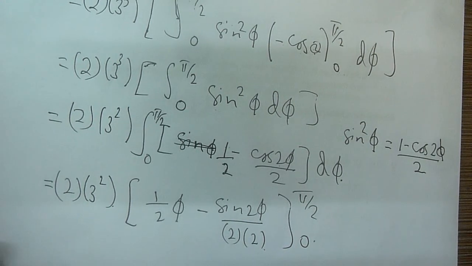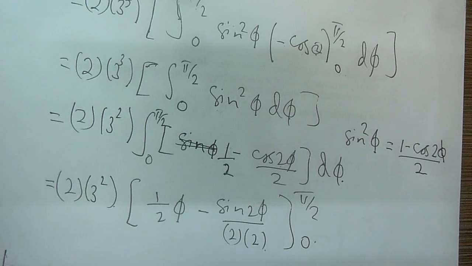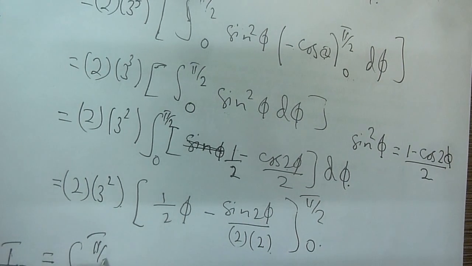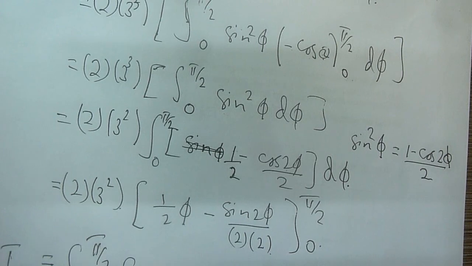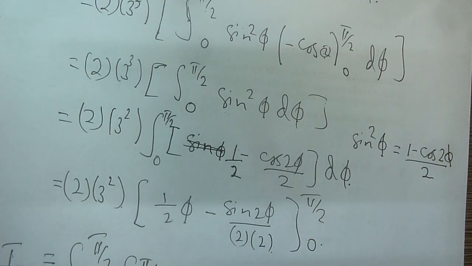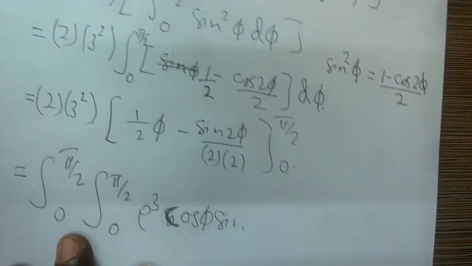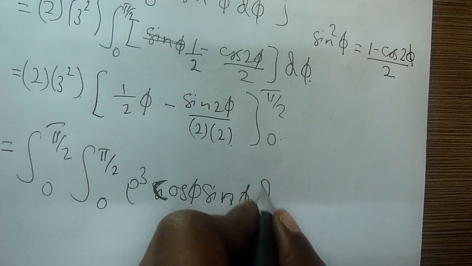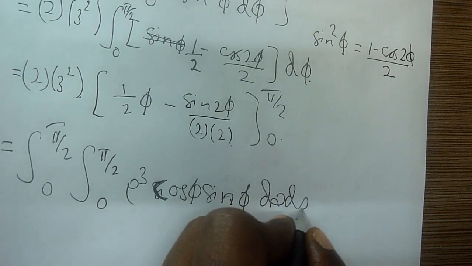Please do similarly for I3, you can continue with that, pi over 2 to 0, pi over 2 to 0, sorry, this one is easy, d phi.